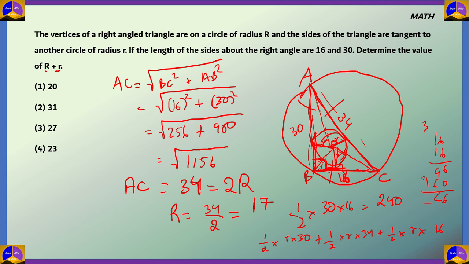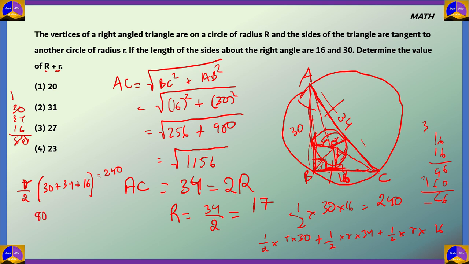And so from this we get that half times r, that is r by 2, into 30 plus 34 plus 16 is equal to 240. Simplifying the bracket, we get 30, 34, 16, 80.